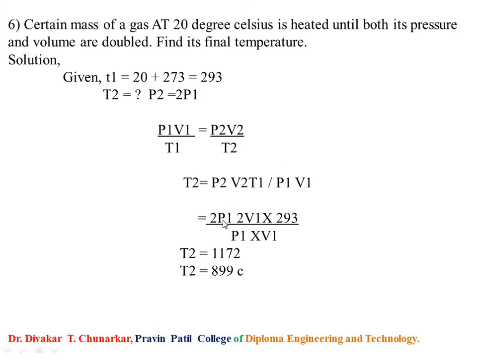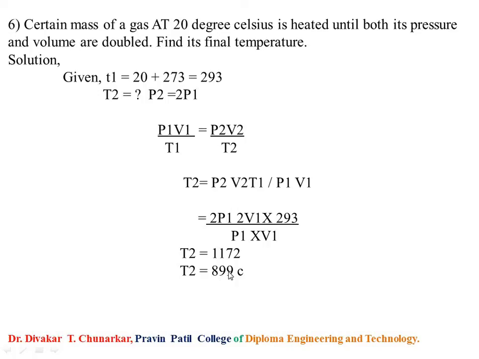So T2 equal to P2 V2 T1 upon P1 V1. And put the value of P2, that is 2P1, V2 is 2V1, and T1 is 293, upon P1 into V1. So P1 gets cancelled, V1 gets cancelled, and T2 remains equal to 1172.